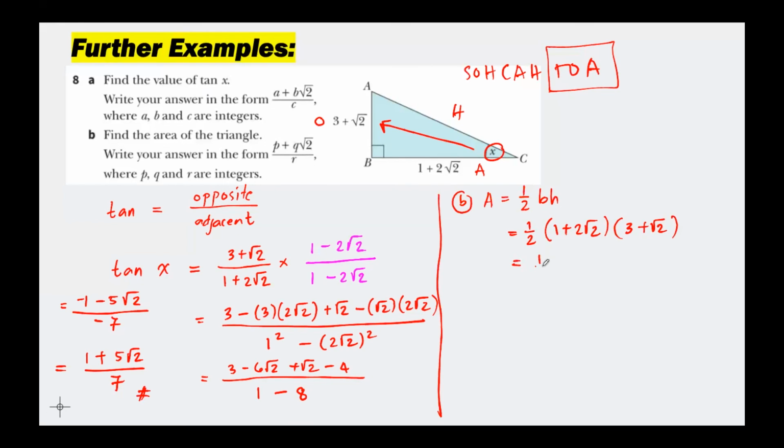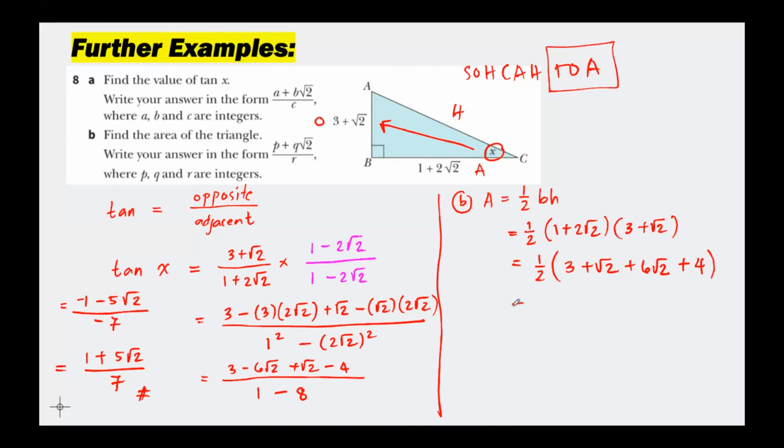So that gives us 1/2. Use your FOIL method again. 1 times 3 is 3. 1 times square root of 2 is square root of 2. 2 square root of 2 times 3 is 6 square root of 2. And then the last one, 2 square root of 2 times square root of 2 gives us a 4.